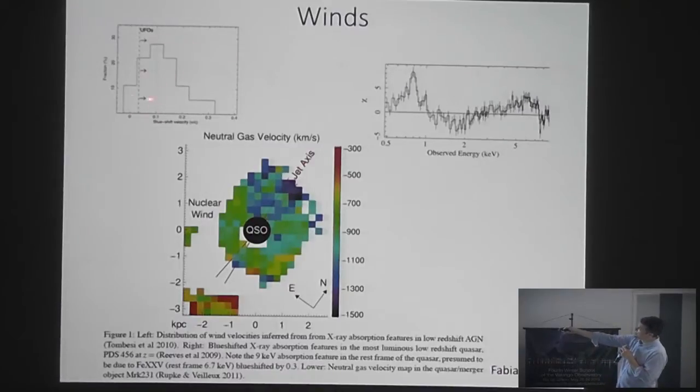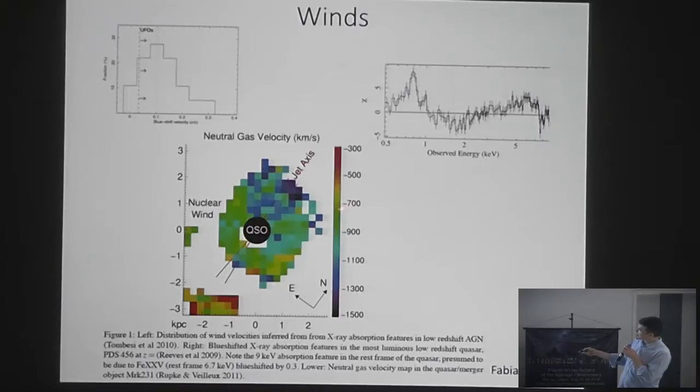This shows the UFOs and the blueshifts in terms of their velocities. You can see most of the UFOs are greater than 0.05 c, and we've measured some that go out as fast as 0.3 c. We also have optical observations with IFUs, and here you have a QSO, Markarian 231, and you can see that the velocity dispersion close to the black hole is pretty high.